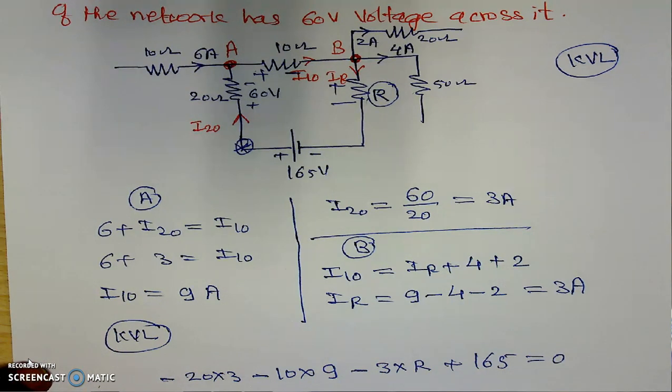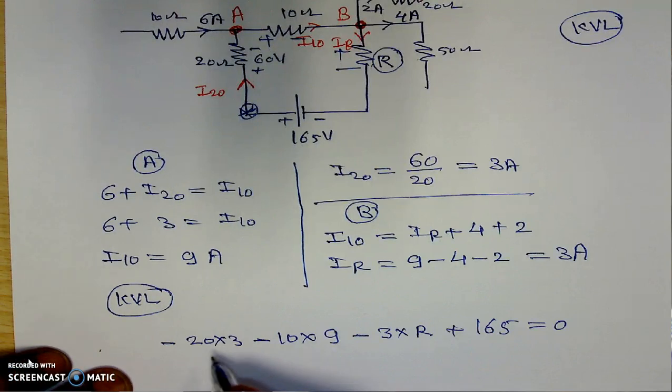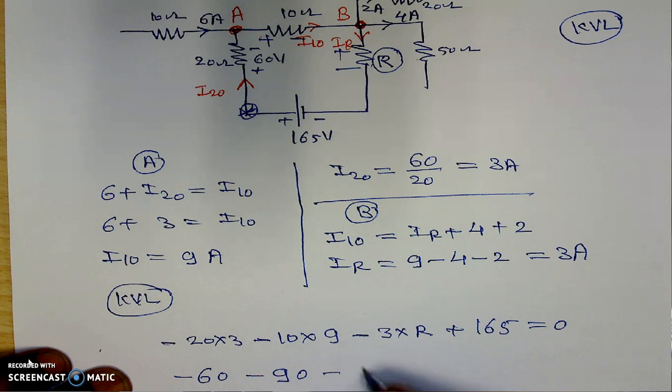If we are simplifying this further, doing this calculation by using the calculator, this will be minus 60. This will be minus 90. This is minus 3R plus 165.